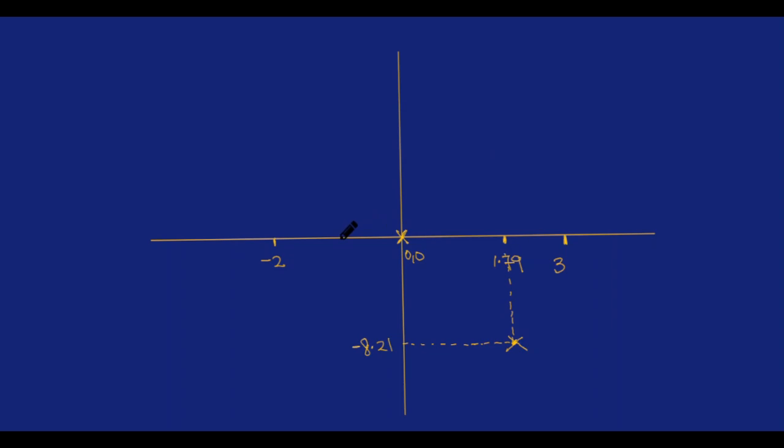Then negative 1.12 is a bit above half of the region here. Negative 1.12. Let's assume this is 8.68.